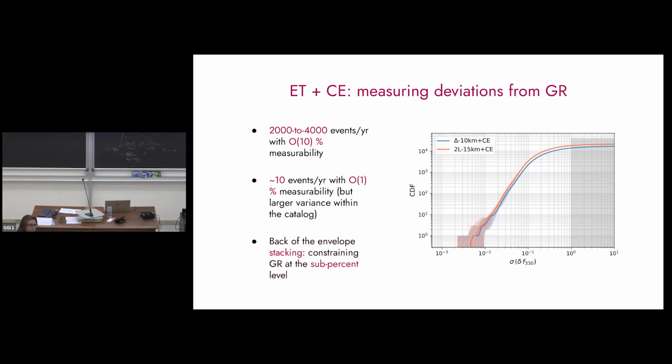You're right. We are working on a follow-up project in which we want to check what the optimal stacking procedure is. Now, I'm basically just scaling by 1 over square root of n, which is not the correct way of doing it.